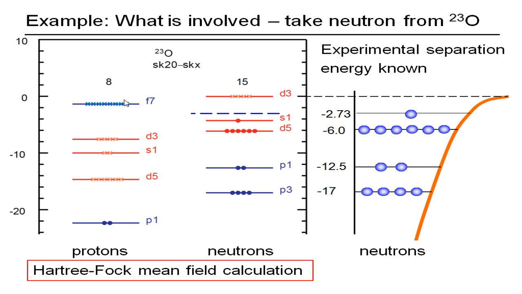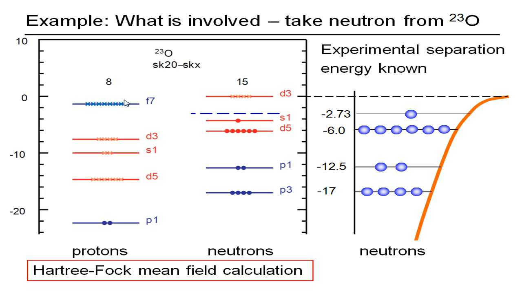It says the D5 halves neutrons are bound by about 6 MeV. These are units of 2 MeV each. And it says the last S-wave neutron is bound by about 4. But we know the separation energy of the last neutron in oxygen-23 experimentally: it's 2.73. So this isn't quite right, but it's okay. It gives 4 instead of 3, basically.